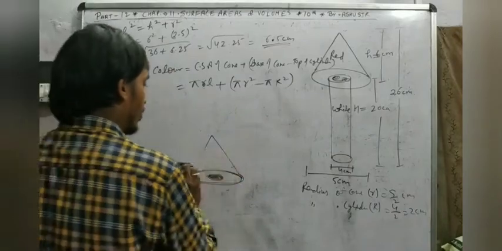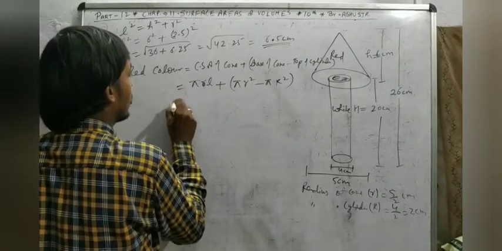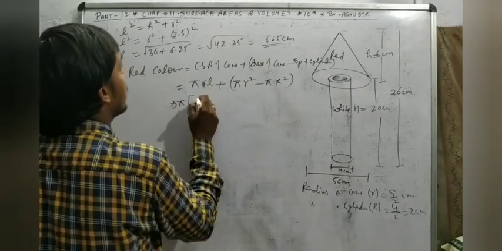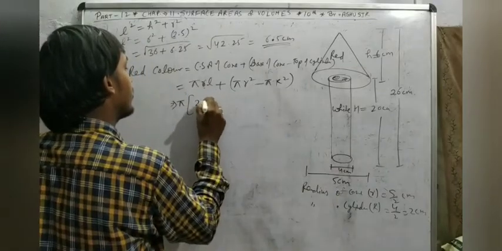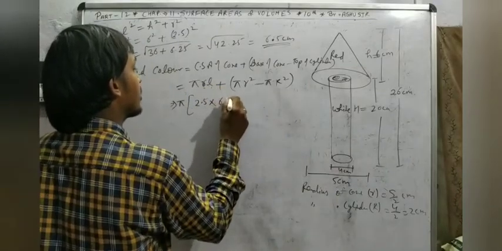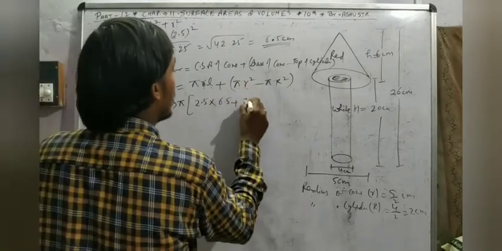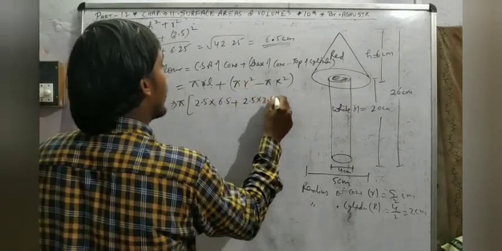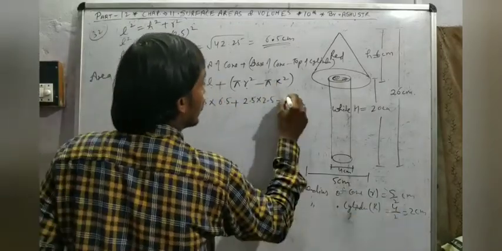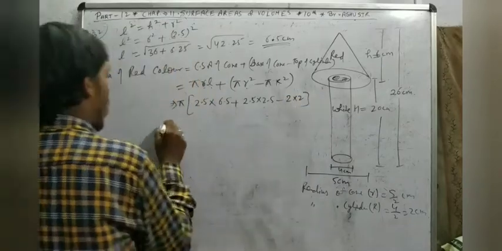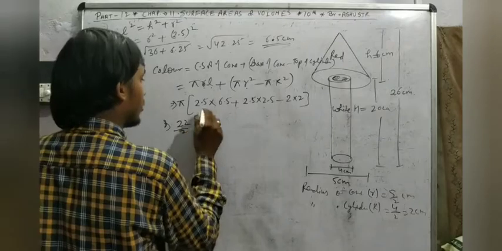Then we put all the values. Pi is common: small r 2.5, small l 6.5, r square 2.5 into 2.5, minus capital R 2 into 2. Pi value 22/7 is given.